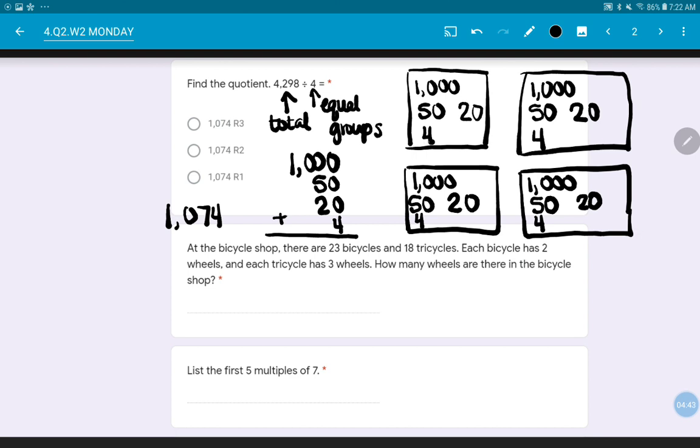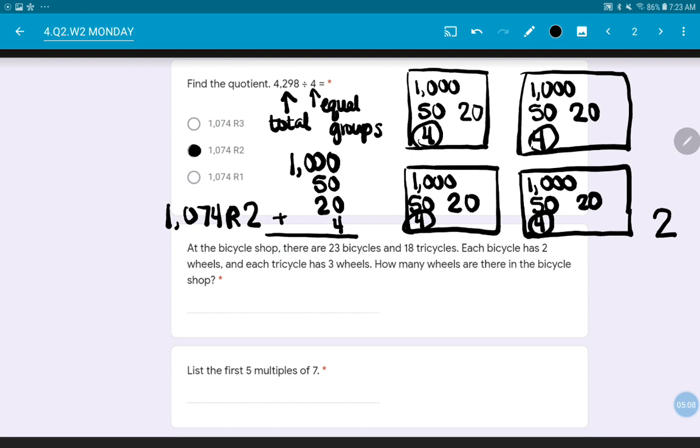And remember, when I put 4 into each group, that made 16. So I have 2 left over that I could not put equally into the groups, so my remainder is 2. 1,074, remainder 2.